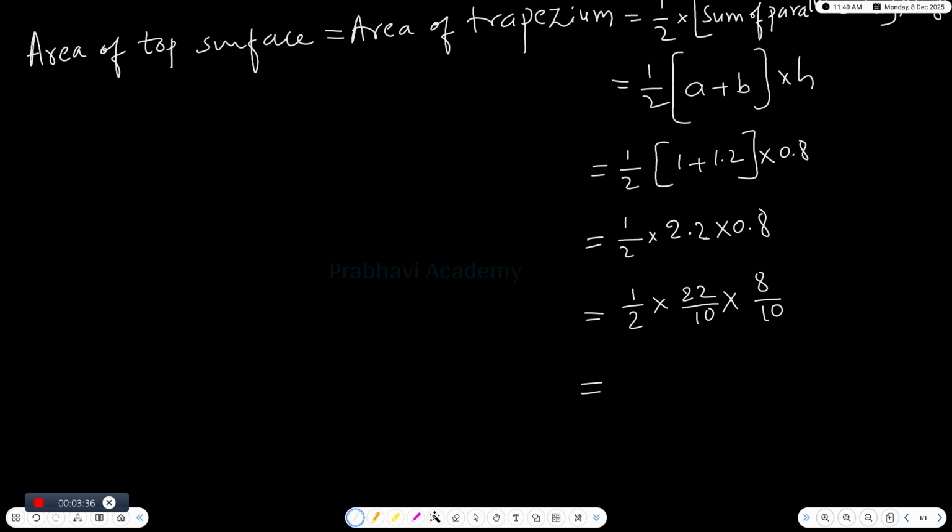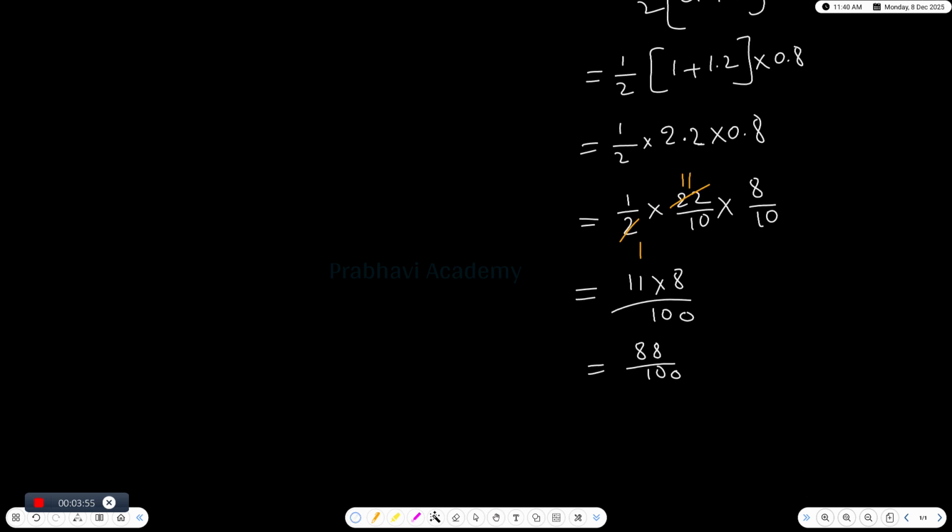Now I can cancel this 2 with 22. 2 ones are 2, 2 elevens are 22. So 11 into 8 by 10 tens are 100. Now 11 eights are 88 by 100. 100 means decimal point: leaving two digits, you put the decimal point.